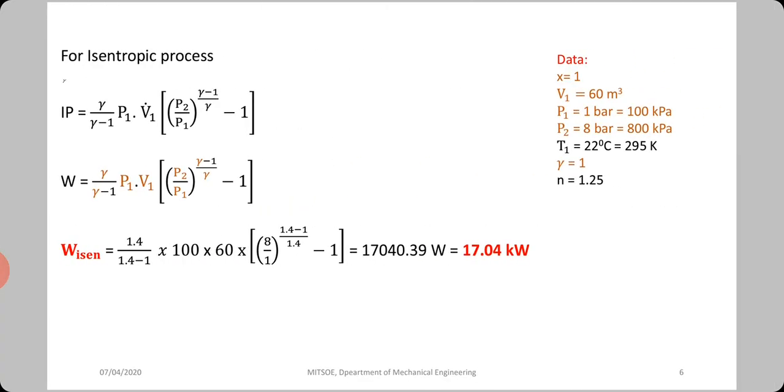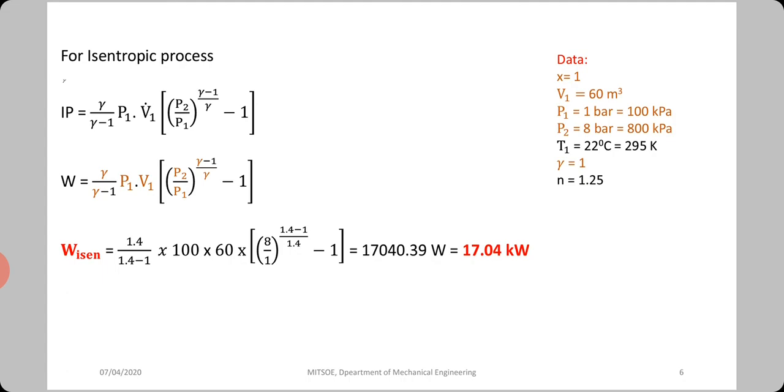Now we'll move to the third question. What is the third question? It is W for the isentropic process. You can see the formula again, W and indicated power. V1 is simply replaced by V1 dot to get indicated power. But as work is asked, we are going to use the second formula. Why am I putting these two formulas here? Because sometimes they will ask you indicated power.